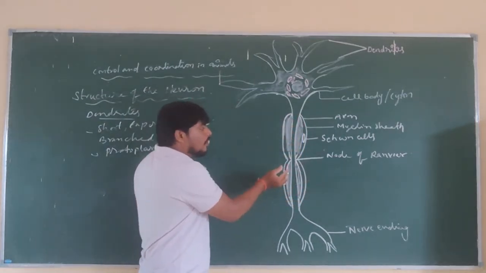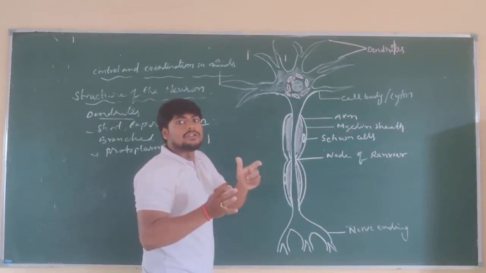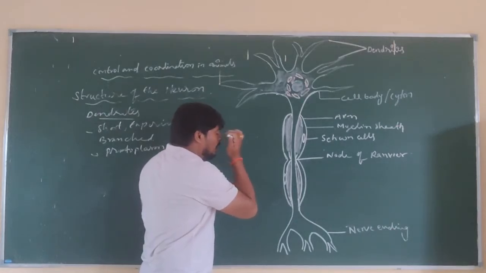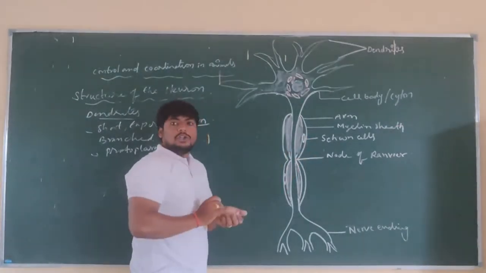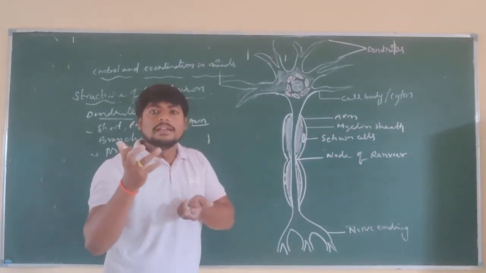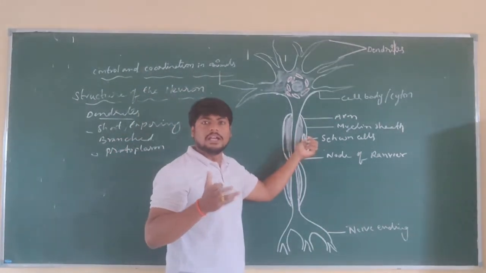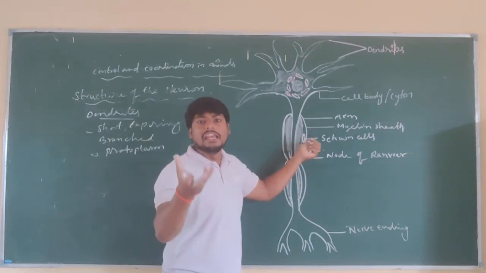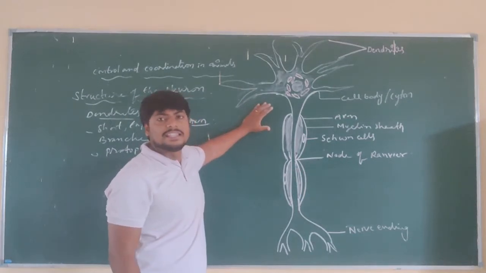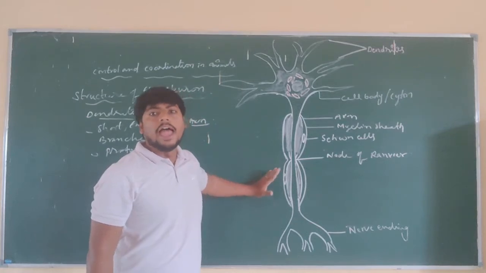The gap found in between two myelin sheaths is called the node of Ranvier, and the myelin sheath is secreted by Schwann cells. So the Schwann cells form the myelin sheath that acts like a protecting layer. The protecting layer of the axon is called the axolemma.